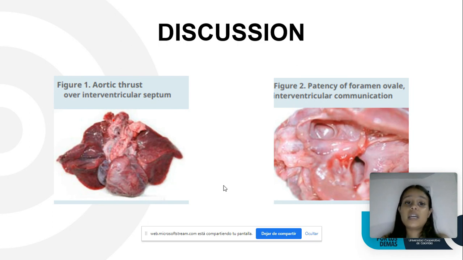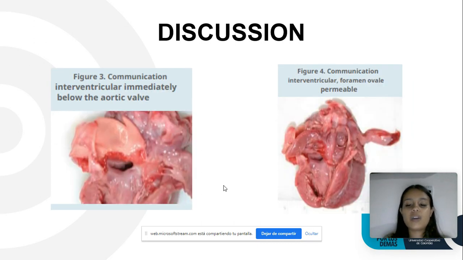The symptoms of the tetralogy of Fallot are directly linked to the severity of subpulmonary stenosis and the presence of pulmonary valve atresia. Okay, the treatment is first pharmacological support with beta blocker, and depending on the case, we can operate.